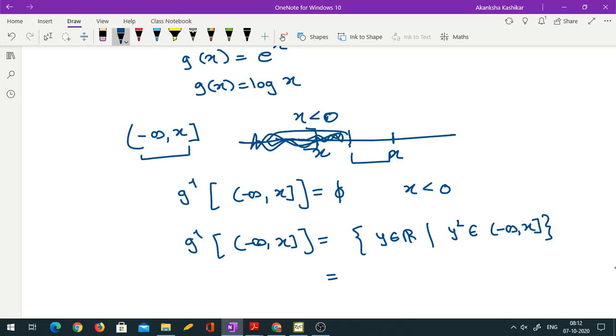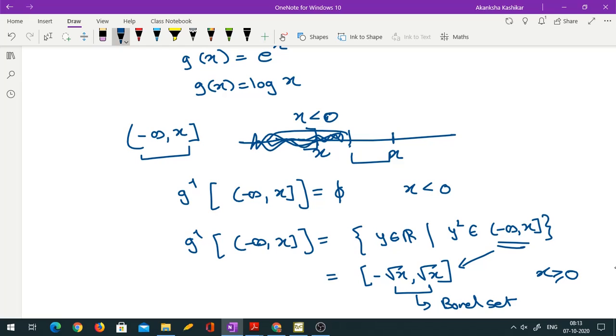So what I would be left with is minus root x to plus root x. The inverse image of this interval would be this when x is positive. And since this is an interval, this is also a Borel set. So the inverse image of this Borel set is also a Borel set.